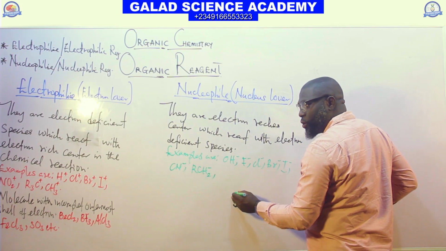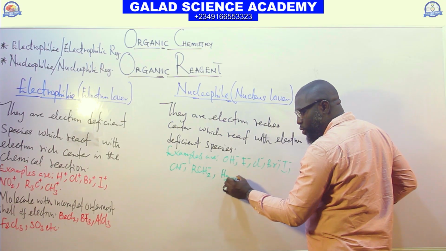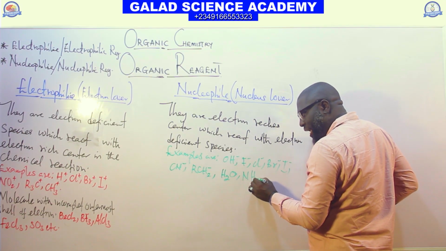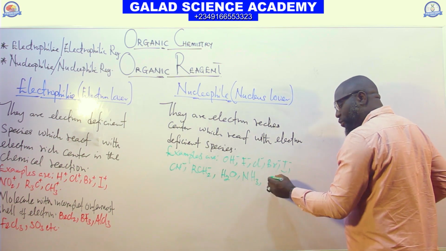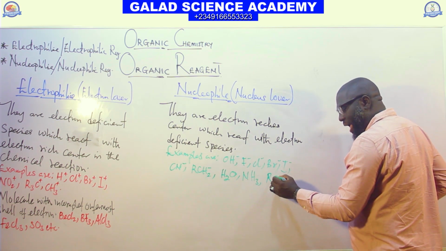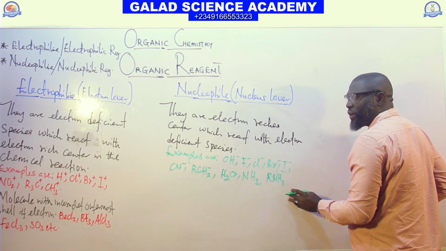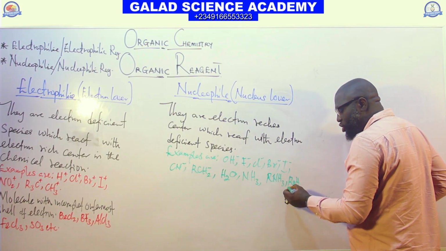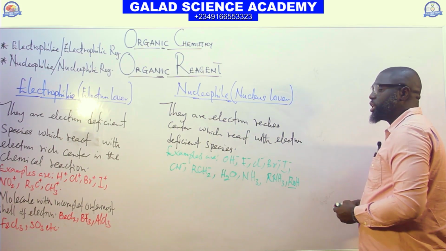What are the molecules? We have H2O; water is a nucleophile. We have ammonia, and amines. Alkylamine is also a nucleophile. And we have alkanol; ROH is also a nucleophile.